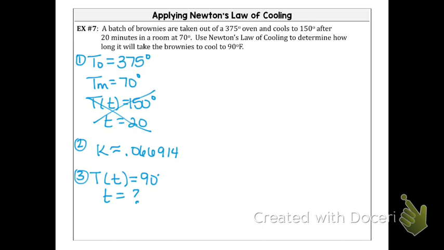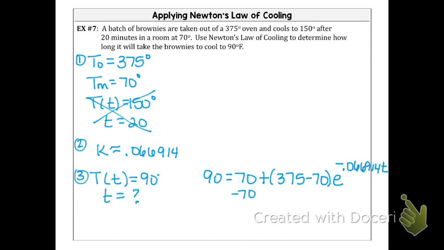So now our T of t is going to be that 90 equals T sub m plus the T sub 0 minus T sub m, e raised to the negative k, 0.066914 times t, because that's what we're after.